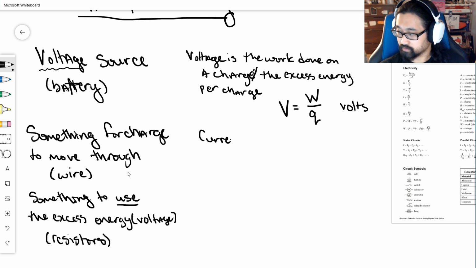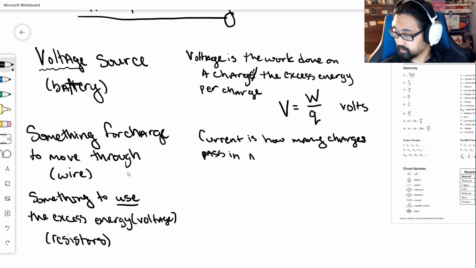So current is how many charges pass in a second.